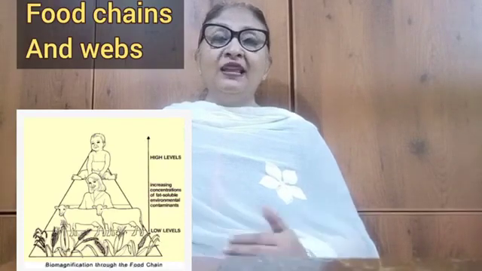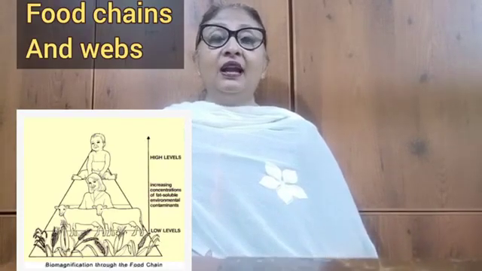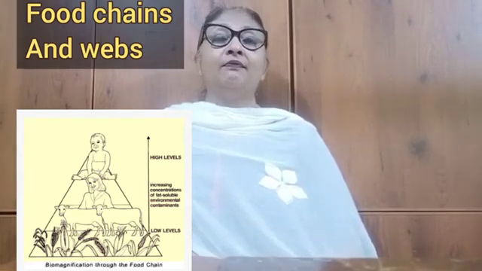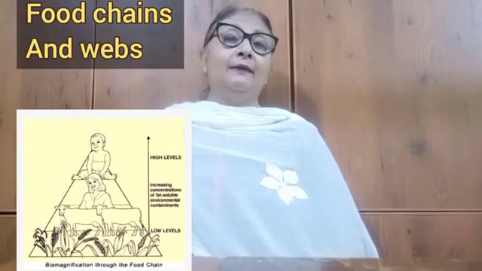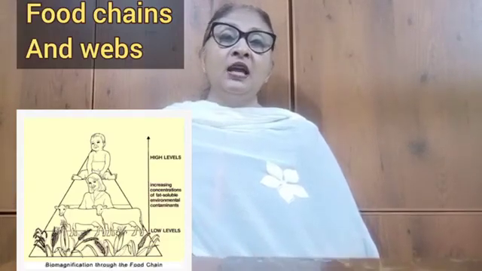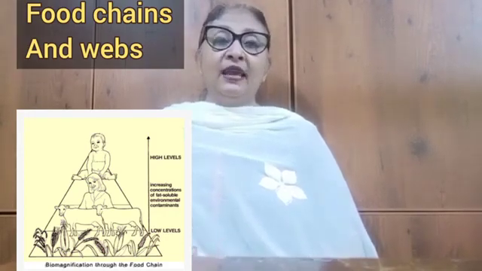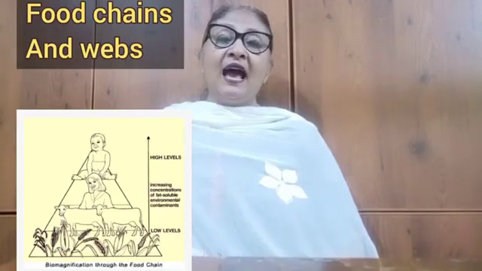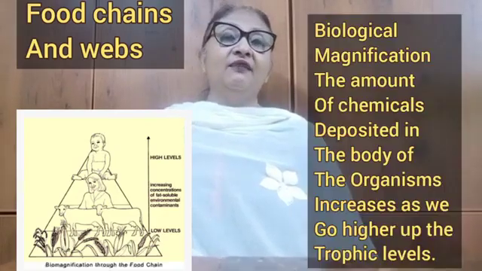Finally, by the time it reaches man, the amount of chemical deposited in the body of human beings is maximum because human beings occupy the topmost trophic level. This phenomenon of accumulation of chemicals becoming more and more as we go higher up the trophic level is known as biological magnification.